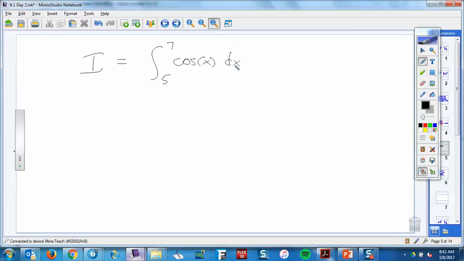Write out the approximating sum S4. So 7 minus 5 over 3 times 4, then f of... we do the same thing we've always done. We go 5 to 7. We're going to do how many subdivisions? 4. So what will that be?